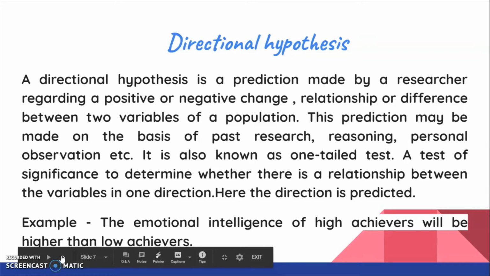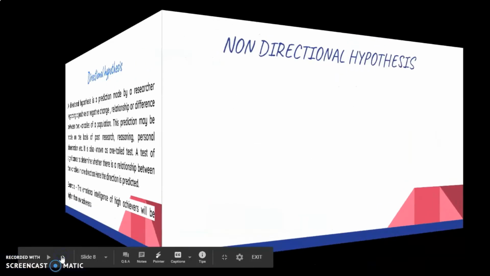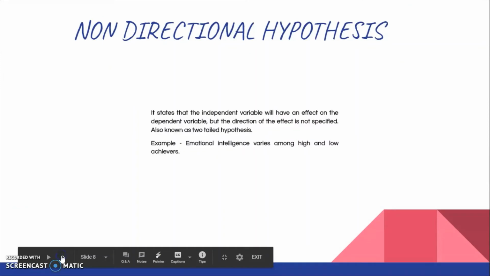We say that there is a significant relationship, but we also say the direction, how that relationship is. When one is high, the other one may be high. When one is low, the other may be high, or the other way around. So we are also stating the direction, and that makes a directional hypothesis, and then we'll see what a non-directional hypothesis is.